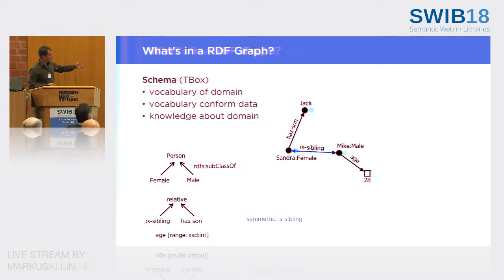So if we declare the is-sibling relationship as symmetric, then we implicitly get all the other relationships between two person nodes which are siblings. Or if we add this kind of chain here, saying, okay, the concatenation of is-sibling and has-son introduces a new relationship, then you will have this new relationship in your graph.